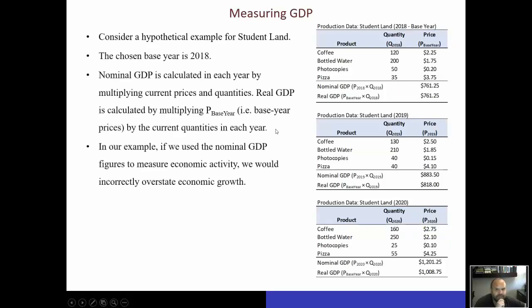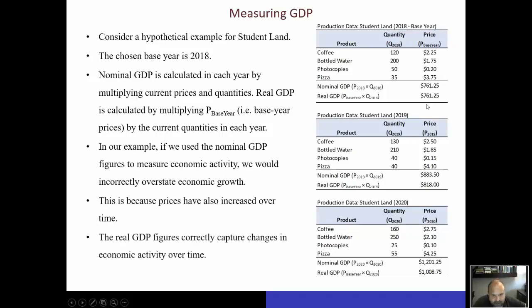So what real GDP does is it holds the prices constant in a base year, and then we just recalculate. In the base year, the nominal and real GDP will be the same, because these are the base year prices we're going to use throughout, and we're multiplying the quantities and prices together.